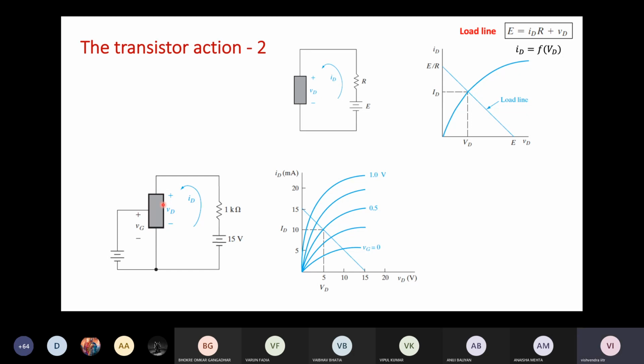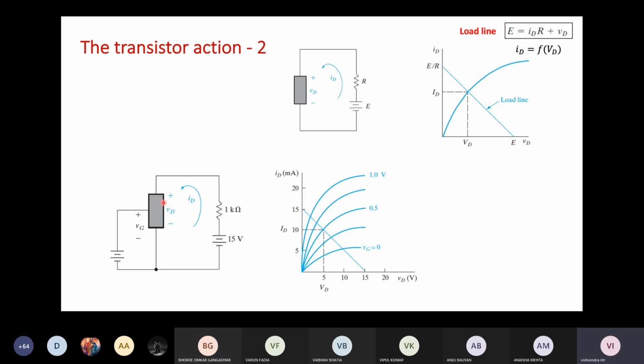Now, is this point clear or not? Yeah, is this clear, everybody? Yes. Yeah, so this is the basic amplification operation of the transistor.